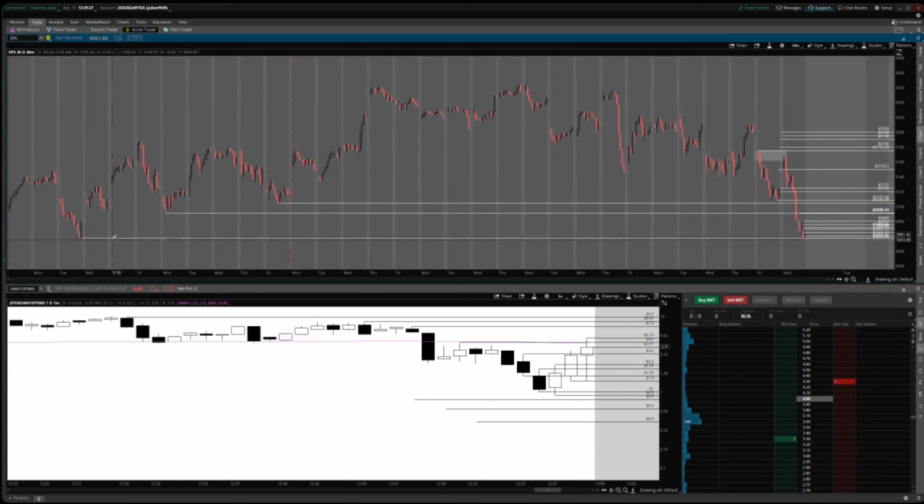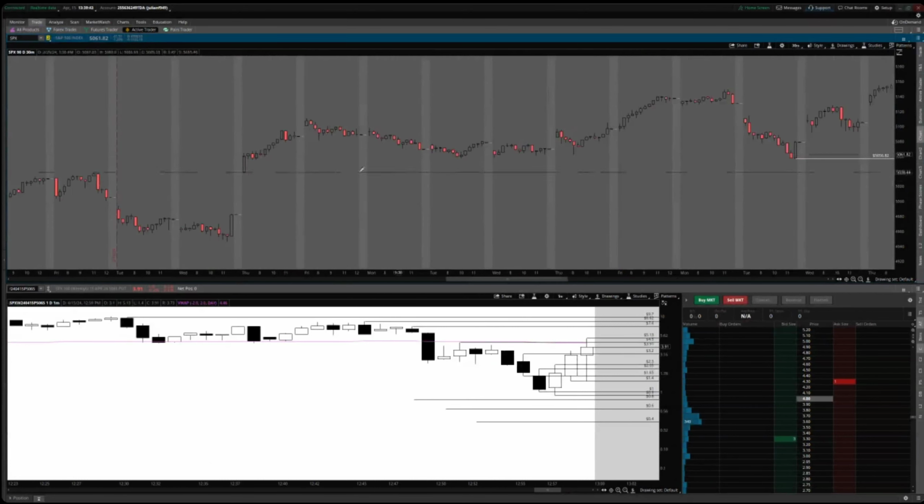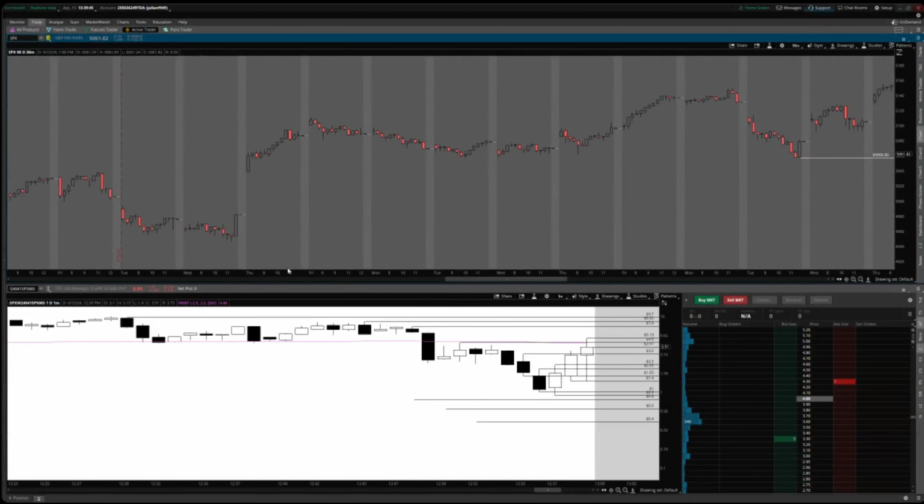All right, and on the 90-day, 30-minute, check this out. I love this part right here. This all lines up here, but look right here. This gap right here has yet to be filled.